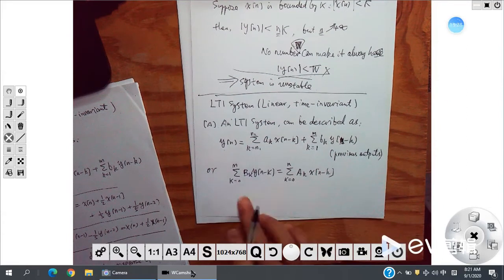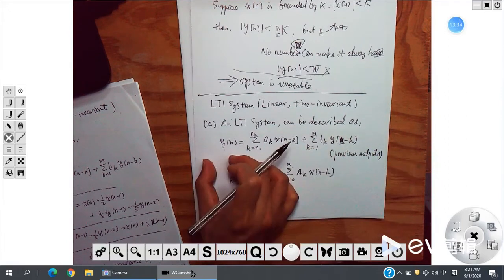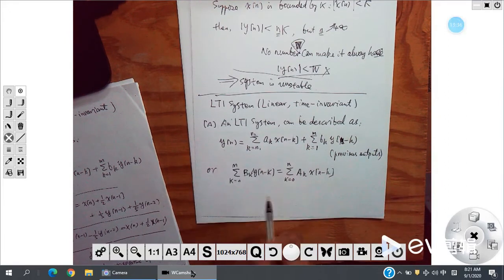You move all the terms with y to the left side and combine them together. Actually b0 you can think of as just 1, but when you write it in this form, b0 can be any number. So this is more general.